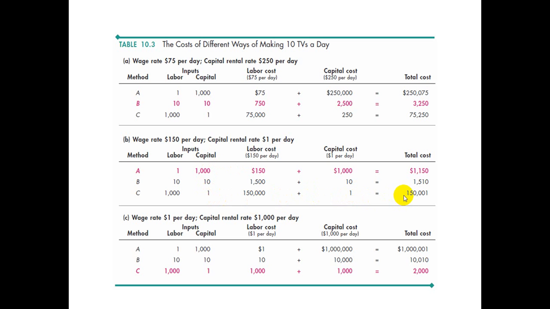So the least cost here is method number A, 1,150, and so on. By the same way, number C, wage rate $1 per day, capital rental 1,000 per day. Also we have here three methods. The least cost is method number C, 2,000.